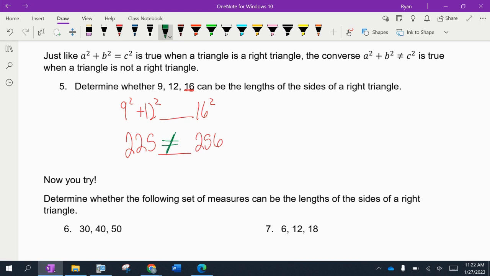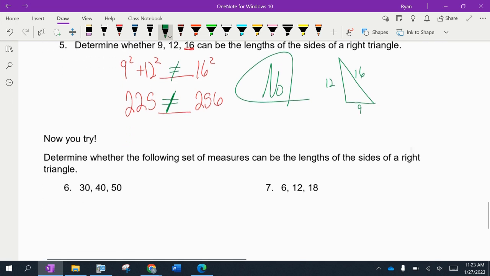So 9 squared plus 12 squared does not equal 16 squared. So no, these are not the sides of a right triangle. What's probably happening here is we have a length of 9, a length of 12, and a length of 16. These are pretty close to each other. So this is pretty close to a right triangle, but it's not quite a right triangle.